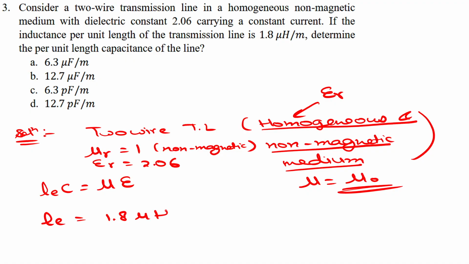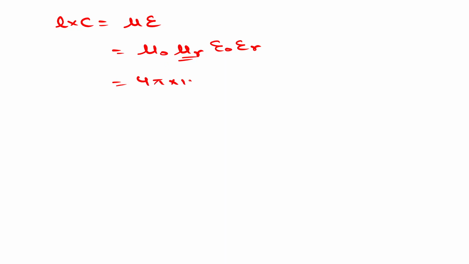We know that for a homogeneous medium, Lc, inductance per unit length multiplied with capacitance per unit length, is mu into epsilon, and mu is mu naught into mu r, and epsilon is epsilon naught into epsilon r. Since for this problem it is non-magnetic, mu r is 1, and mu naught is 4 pi into 10 to the power minus 7.